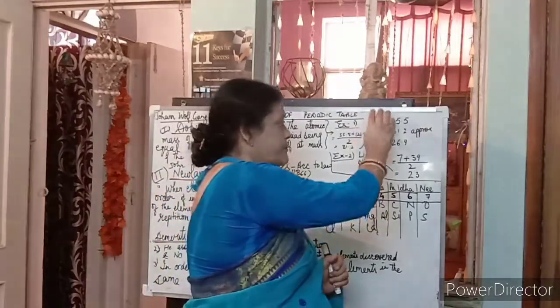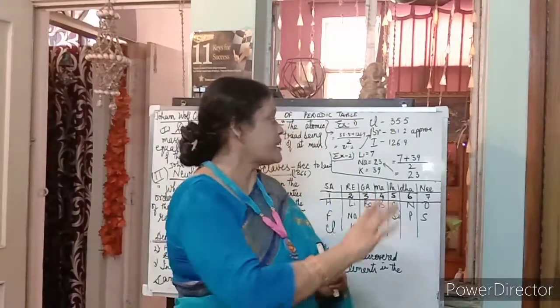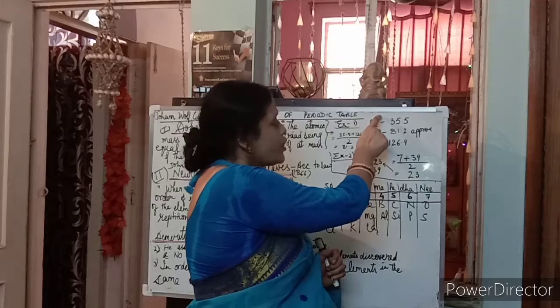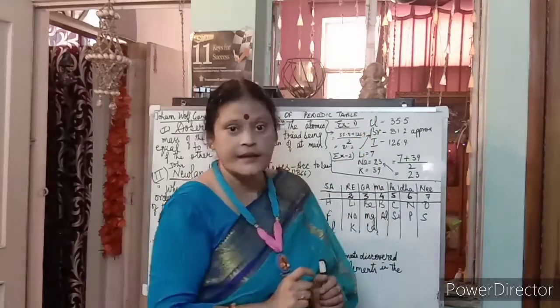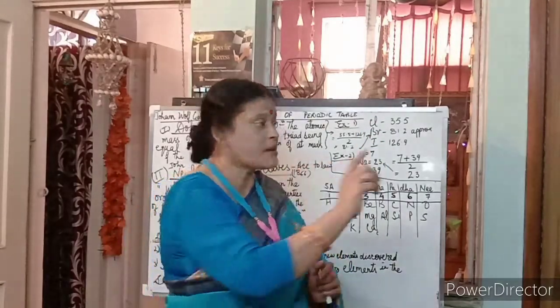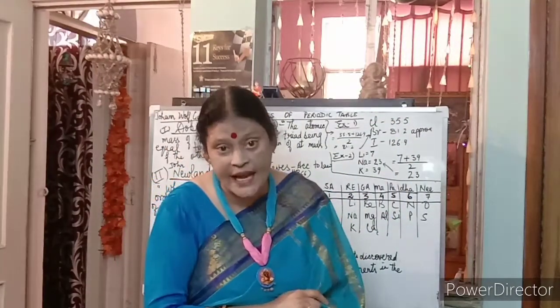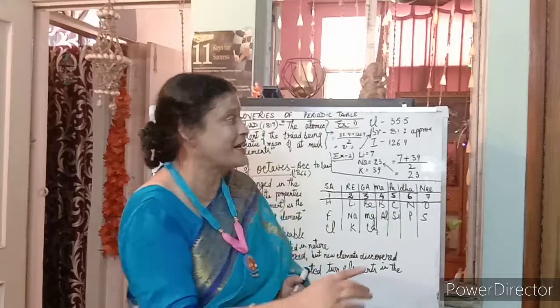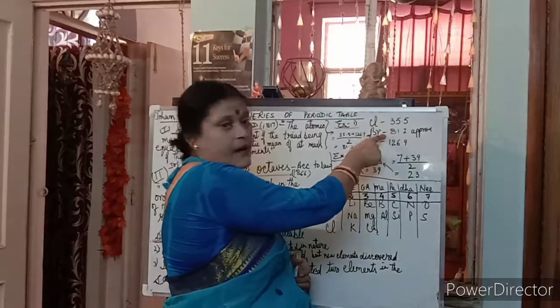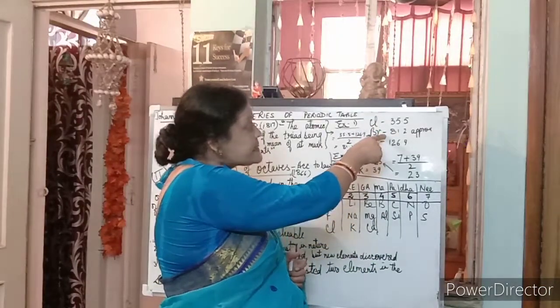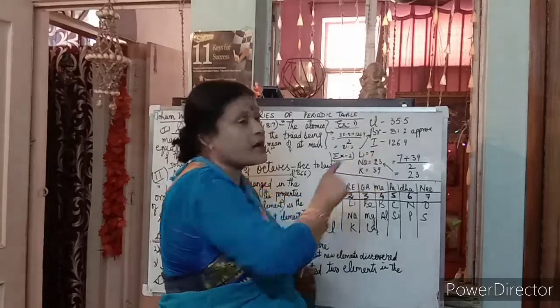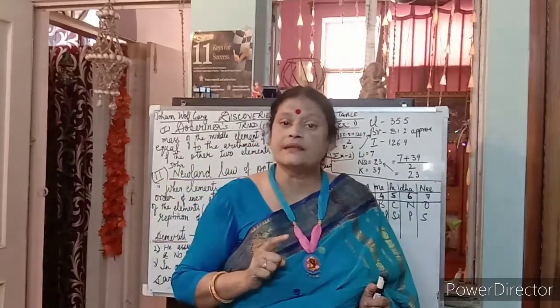He arranged them like this, for example chlorine, bromine, iodine, and the atomic masses he wrote in front. Now what he found, very important, is that the atomic mass of the middle element is the arithmetic mean of the other 2 elements.